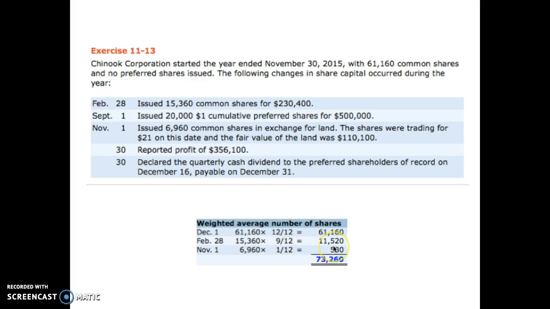So the calculation is an average. The ones that were outstanding at the beginning of the year were outstanding for 12 months, so that's the full amount. My 15,000 were outstanding for only 9 months, so I'm only going to be taking 9 out of 12. And the same logic applies for the shares issued on November 1st, which will give me an average number of shares outstanding for my year of 73,260.